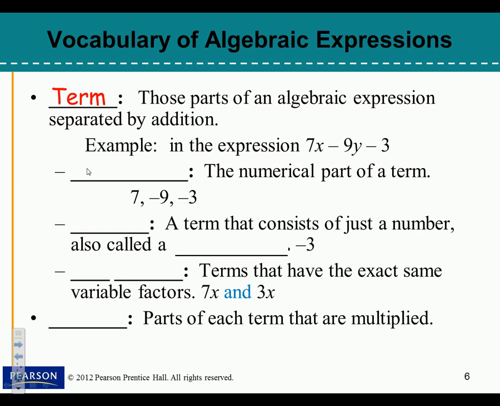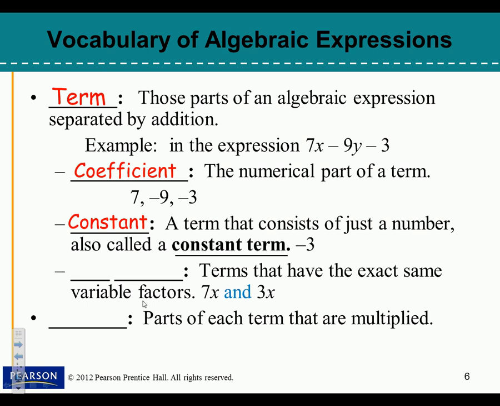All right, the next part we have is the numerical part of a term, which is referred to as the coefficient. So when you look at 7x, 7 is the coefficient. In this term, negative 9 is the coefficient. And in the last term, negative 3, because each of those is the number. Okay, now when you have a term that is just a number and has no variable, it's called a constant or a constant term.